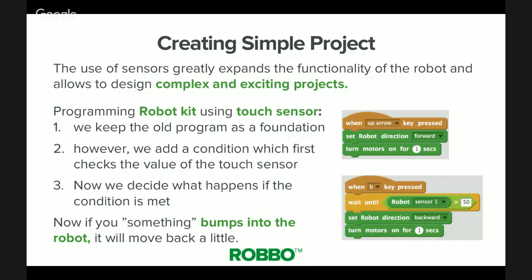And if we think about the touch sensor, it's touching, so it means that the numbers are growing. So as soon as the sensor value is bigger than something, the robot has to do the movement.